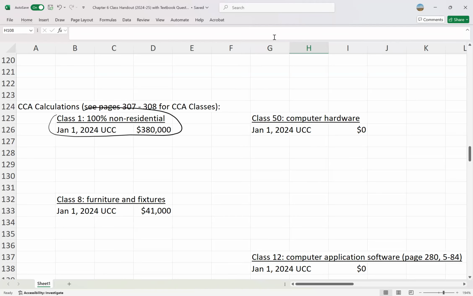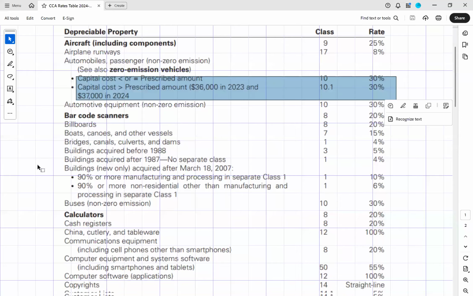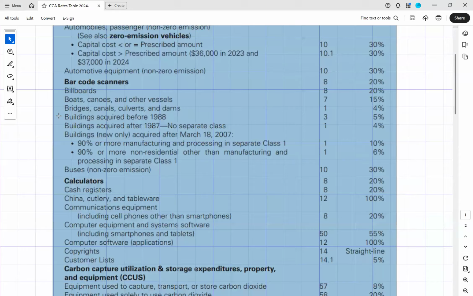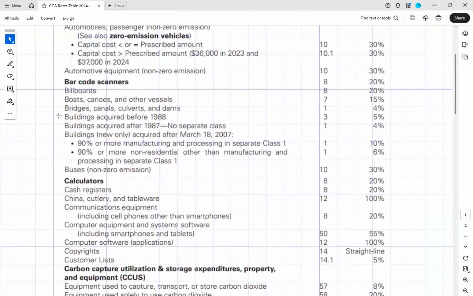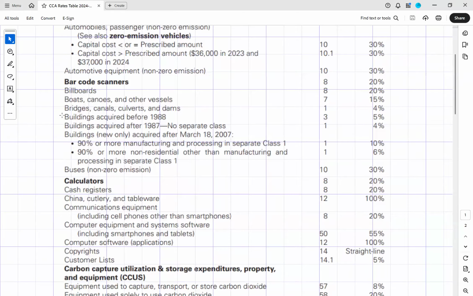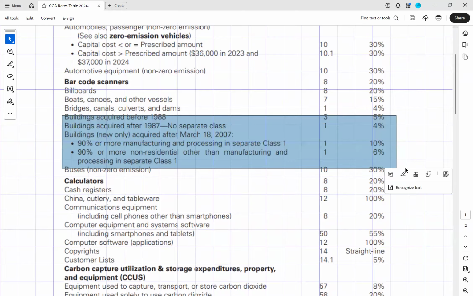The thing about class 1 is there are different CCA rates. So I want to bring up the CCA rates table so we can have a look at what I mean by different rates for CCA as it relates to buildings. If I scroll down here and look at the buildings, the top one says buildings acquired before 1988.